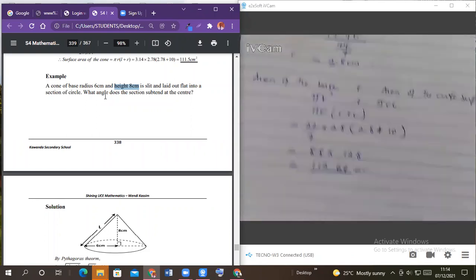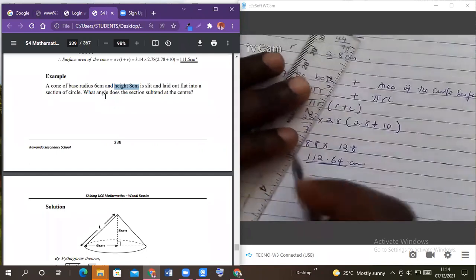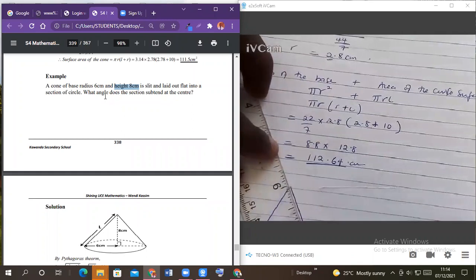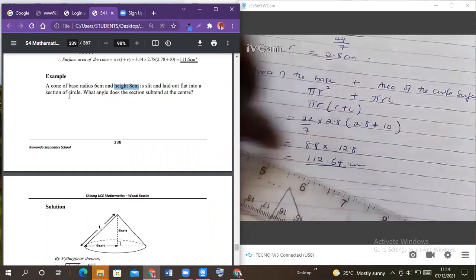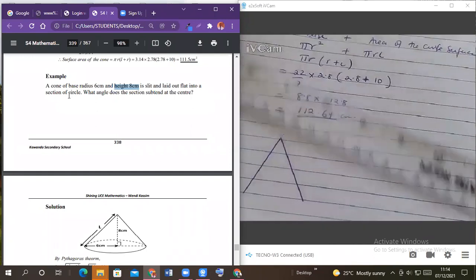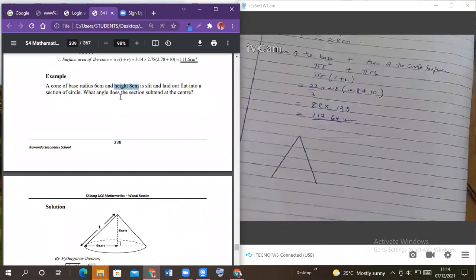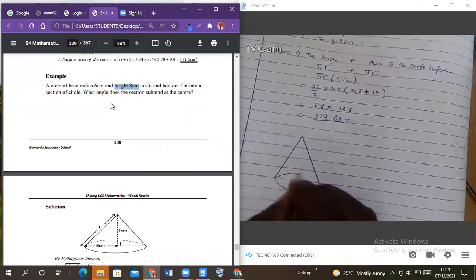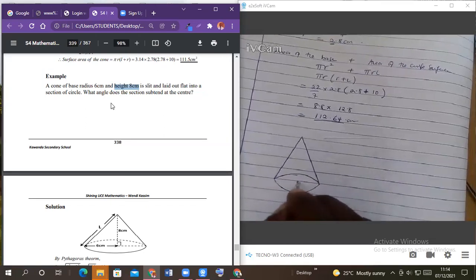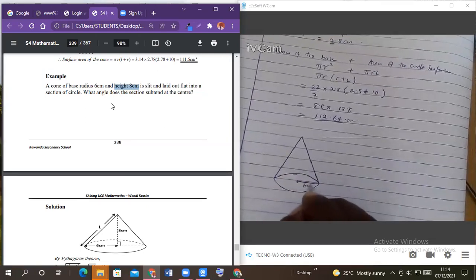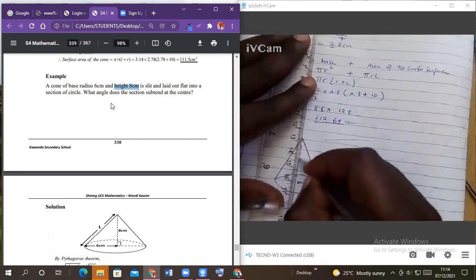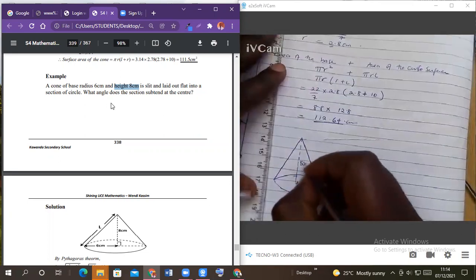So at first we have to draw that cone. Before opening up the cone, this is how it looked. This cone had a base radius of 6 centimeters, and this was the height of 8 centimeters.